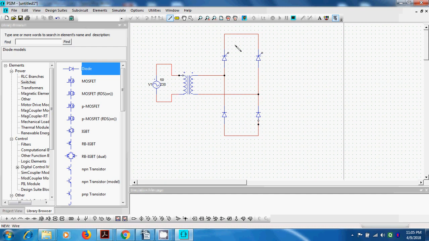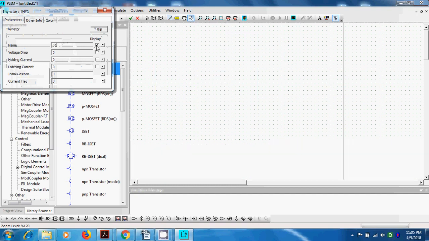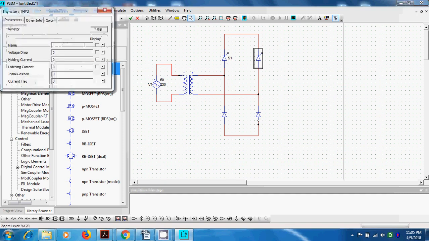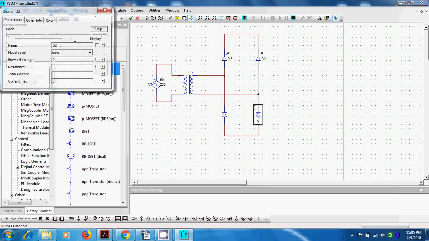Okay, so let us name the SCR. Say this is thyristor 1, I will say S1. We can say this is thyristor 2, we can say it's S2. This is D1, and this is D2.